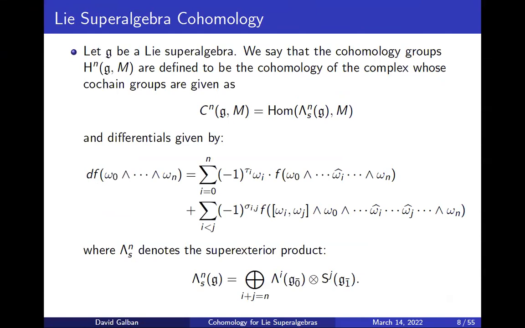C^n(g, M) is just going to be the Hom set from the super exterior algebra of degree n on g to M, where the super exterior is essentially a direct sum over all i plus j equaling n of the exterior of degree i on the even portion, tensored with the symmetric of degree j on the odd portion. And the differentials are essentially the same as the differentials for the Koszul complex for the ordinary case, again, just with these factors of -1 in the bracket.